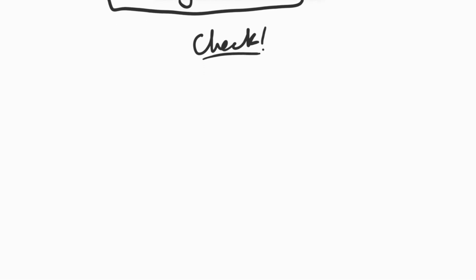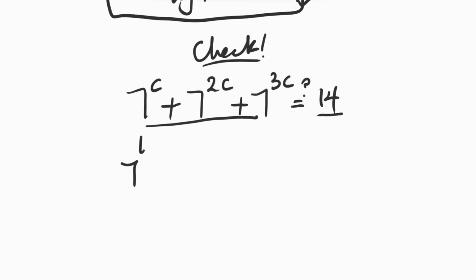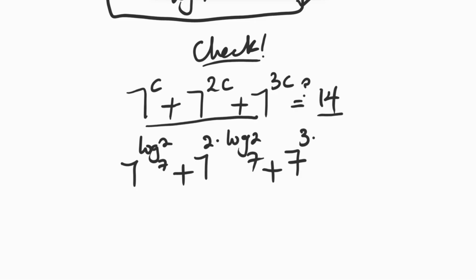So the question is 7 raised to the power c plus 7 raised to the power 2c plus 7 raised to the power 3c equals 14. So we're trying to find out if we add up everything on the left-hand side, if it'll be equal to what we have on the right-hand side. So we have our c to be log of 2 base 7, plus 7 raised to the power 2 times c, which is log of 2 base 7, plus 7 raised to the power 3 times c, which is log of 2 base 7.